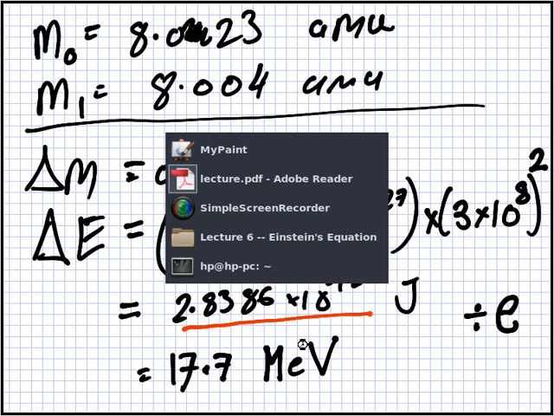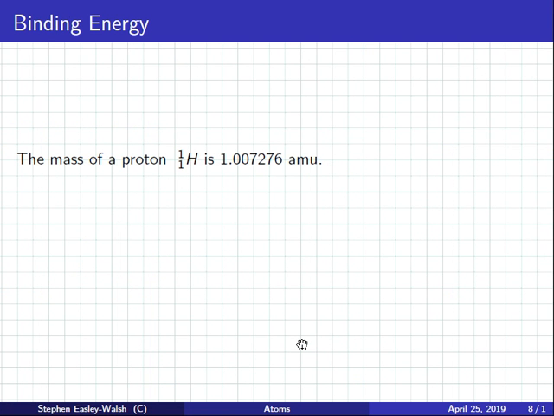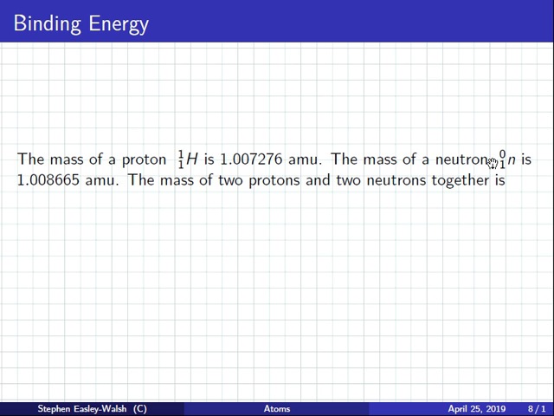Now, this is the mass of a proton. This is the mass of a neutron. Oh, that's the wrong way around. Sorry, it should be 1 on the top and 0 on the bottom, right? That's the wrong way. The mass of 2 protons and 2 neutrons together is... So, this is a proton.